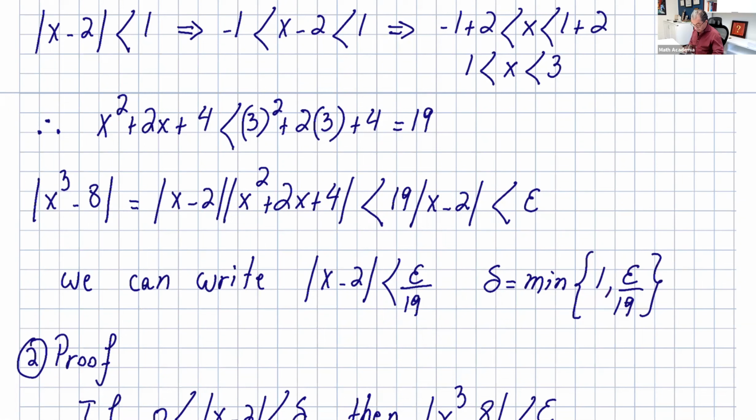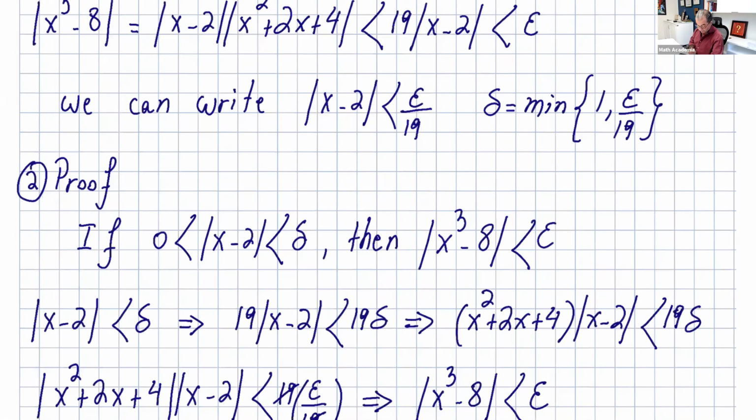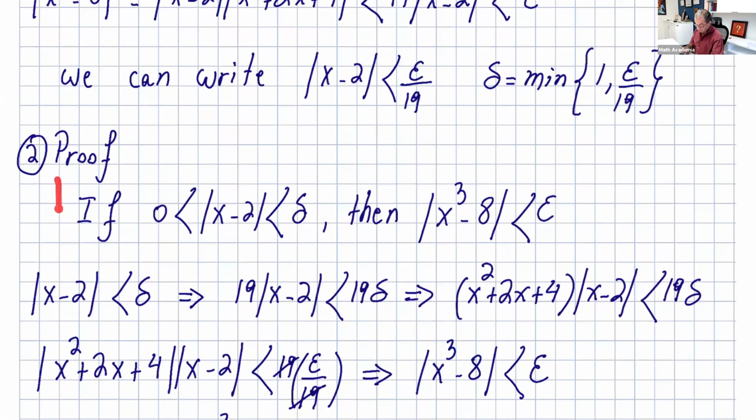So step number 2 is the proof. That's what we need to see, if that statement is true. If the absolute value of x minus 2 is between 0 and delta, or just say the absolute value of x minus 2 is less than delta, then the absolute value of x cubed minus 8 is less than epsilon. You can start from here. The absolute value of x minus 2 is less than delta.